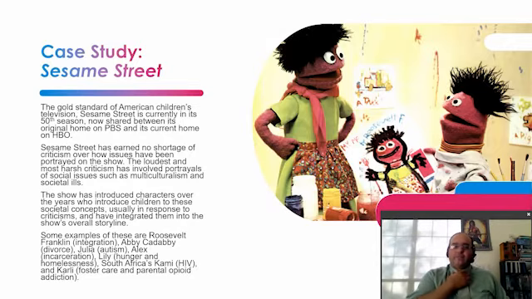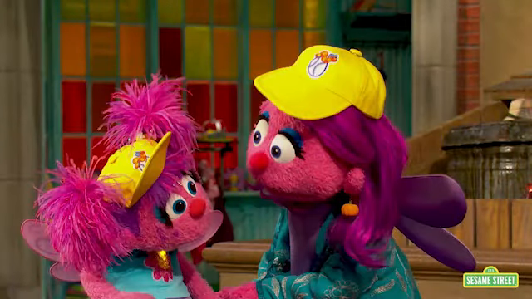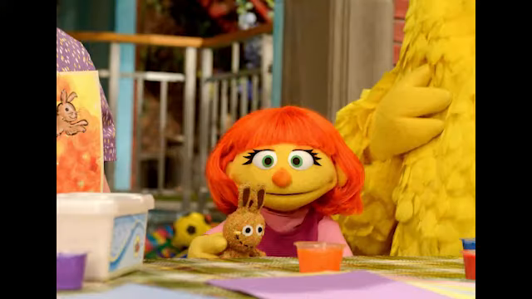Okay. Some of the other concepts they've done with characters, one was divorce. To achieve this, they used the character of Abby Cadabby and had her admit that her parents are divorced. Okay. They introduced the character of Julia to teach kids about how to deal with other kids that may have autism. Okay.